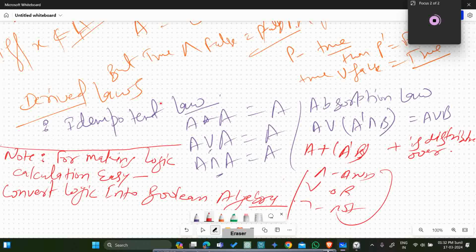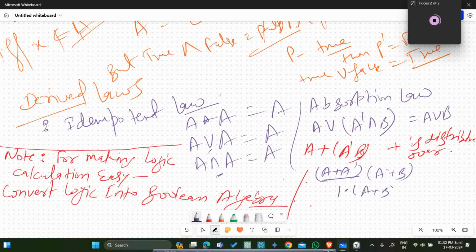So we can distribute like this: A plus A dash, and then A plus B. A plus A dash is 1, and 1 dot A plus B is always A plus B. So this is also right.